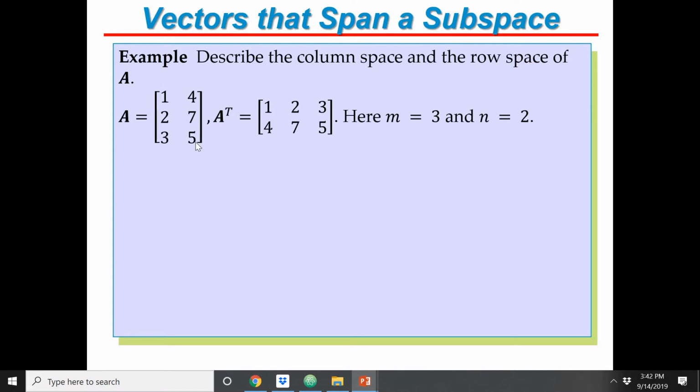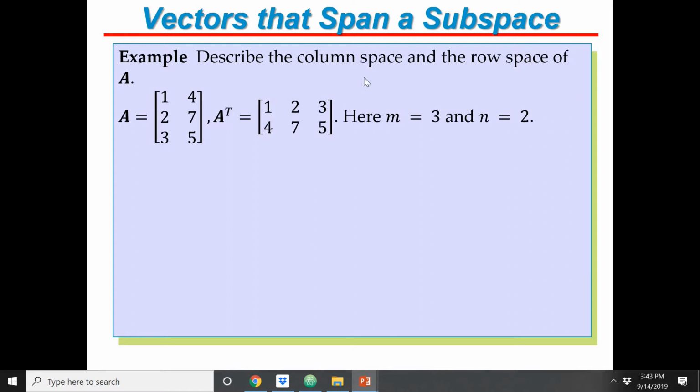The column space basically is not sufficient to generate all vectors in R cube, but the two vectors that we have are independent. So if you want to ask, if you take the span of the two columns, what subspace of R cube they generate, because there are only two vectors, the subspace they generate is basically a plane in 3 dimensions.